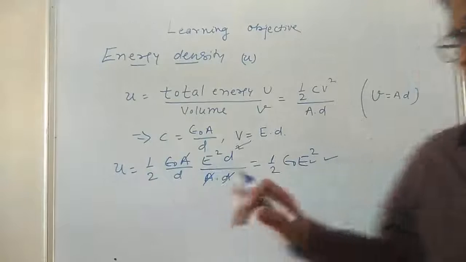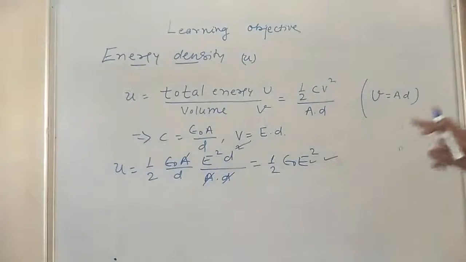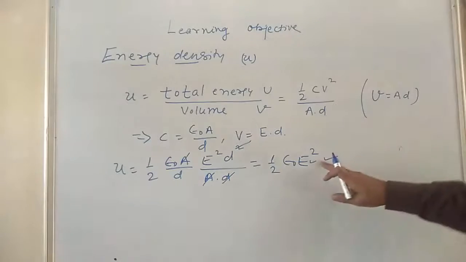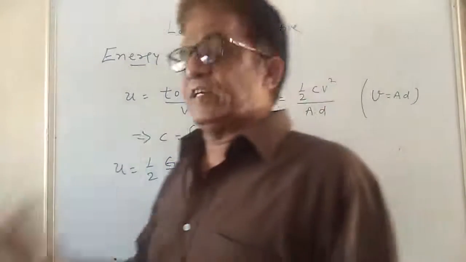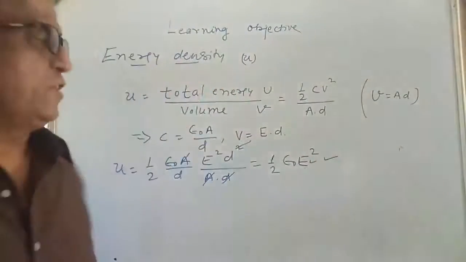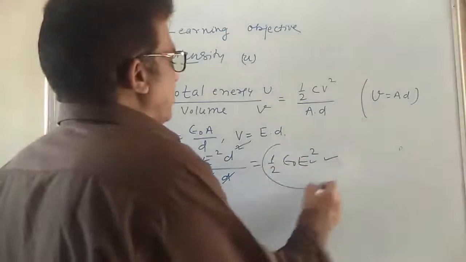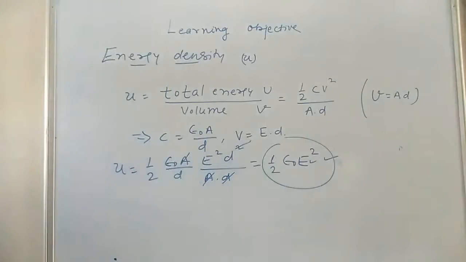This E that you see here is the strength of the electric field in the space between the plates of a condenser. Okay, so this is the formula. It's a very important formula. 1 by 2 epsilon naught E square. Write down.